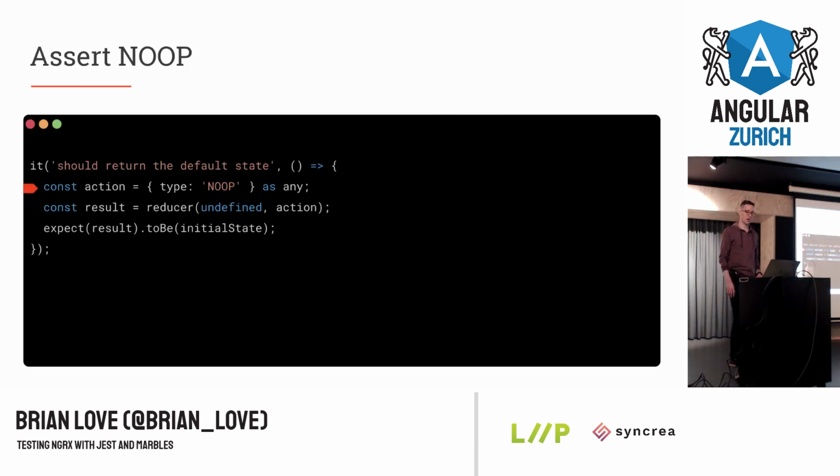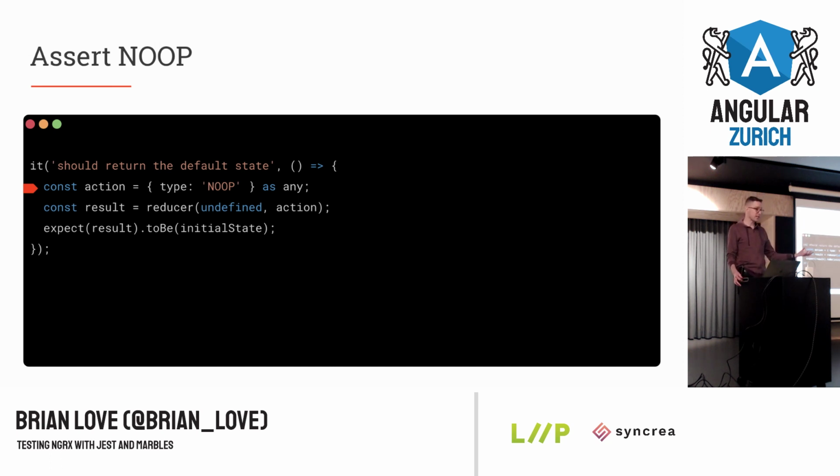Here's an example of asserting what I call a no-op. It's not supposed to do anything. So what we're going to do here first is create an action. I'm not even going to new anything up like you might see in TypeScript. I'm just going to set this to an object, give it a type of no-op, set it to any because who cares. And then I'm going to invoke the reducer, which is imported up above.